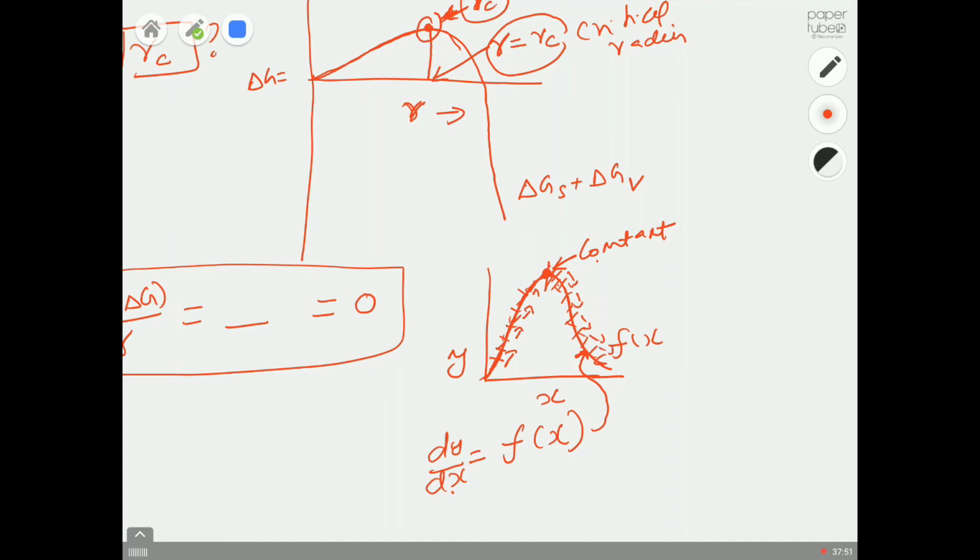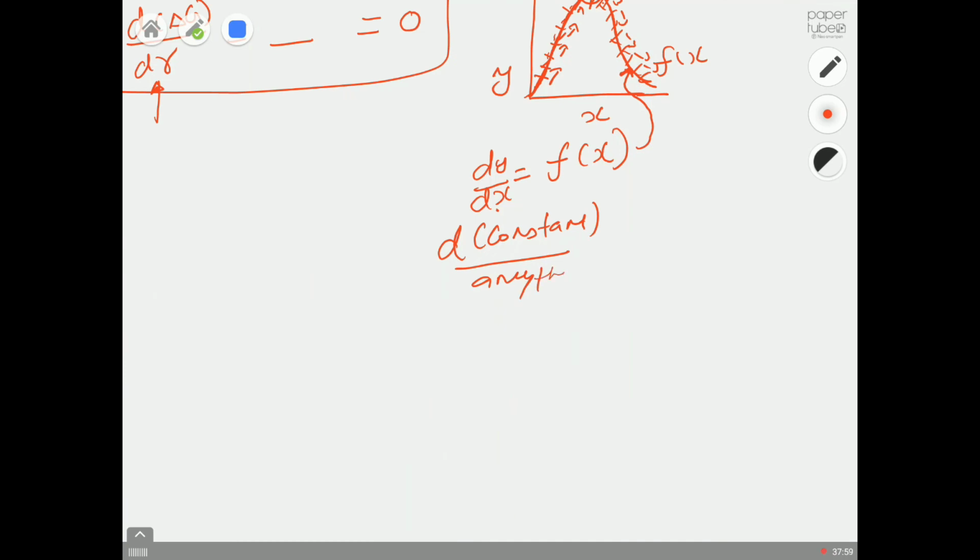If you differentiate a constant with respect to anything, that's going to be 0. You cannot differentiate 1 with respect to something; that's going to be 0 because 1 is some constant number. So that's what we are going to do.